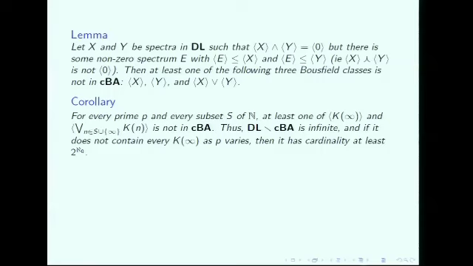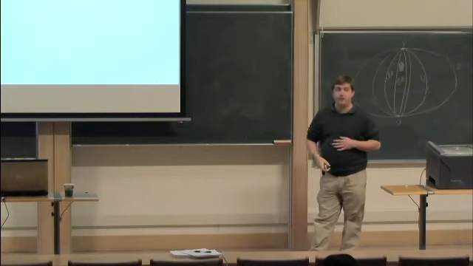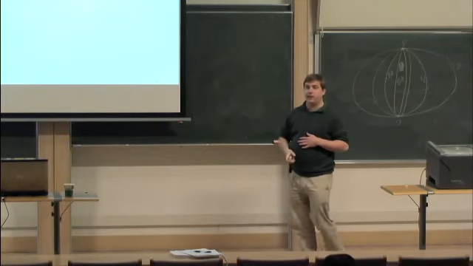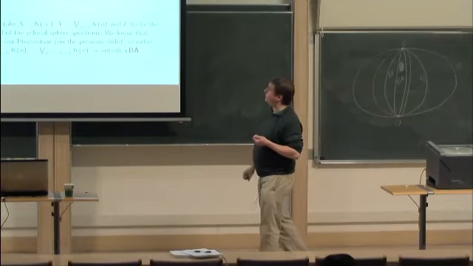And we know actually that those are all different. So that tells us that the cardinality of the complement is in fact at least 2 to the aleph naught.